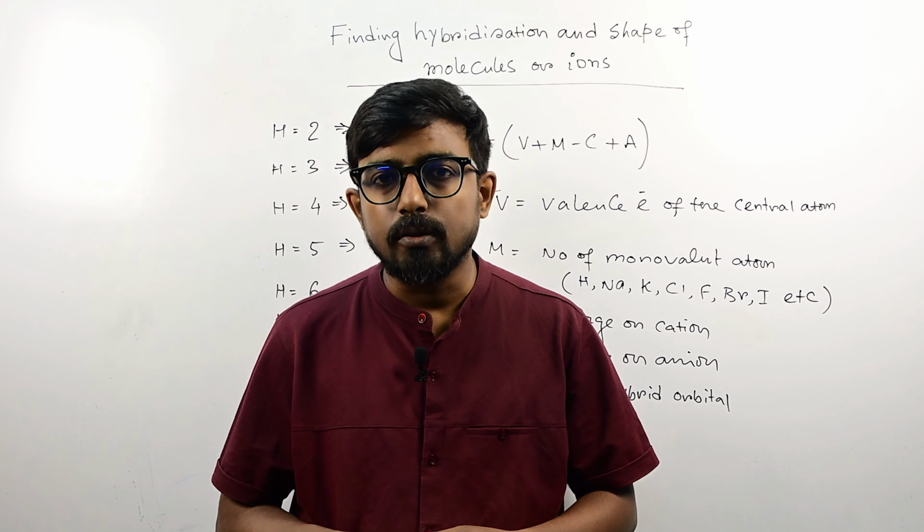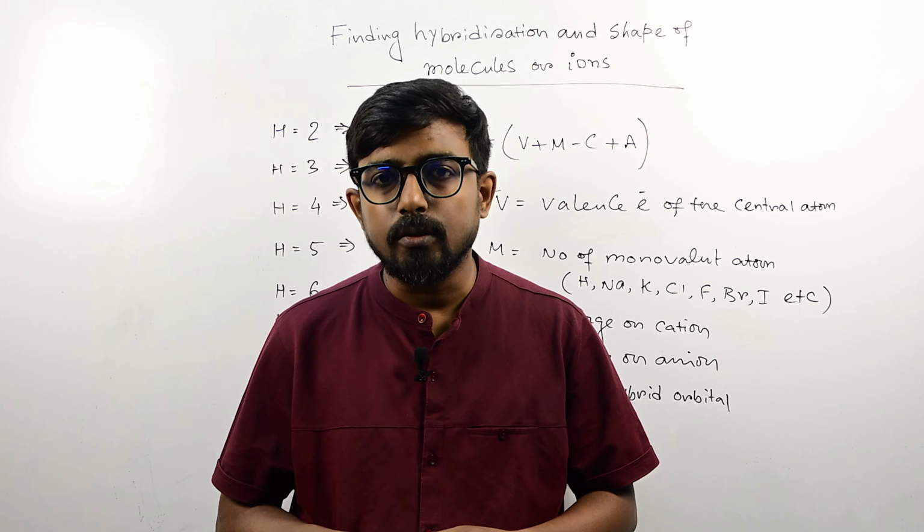There are 2 monovalent atoms, so H will be 4. Now what will be the shape? Total 4 hybrid orbitals, but here only 2 hydrogen atoms will make bonds with the oxygen atom. That means there are 2 lone pairs.